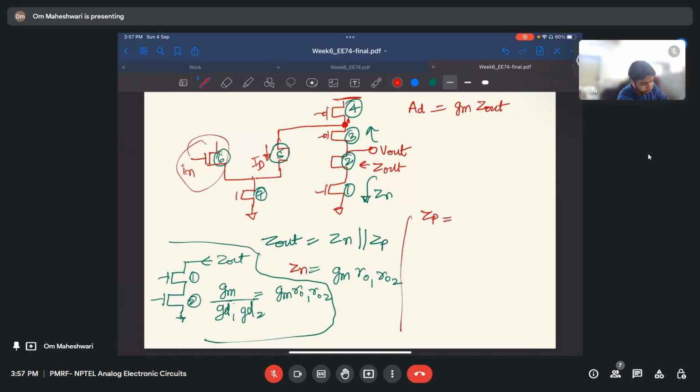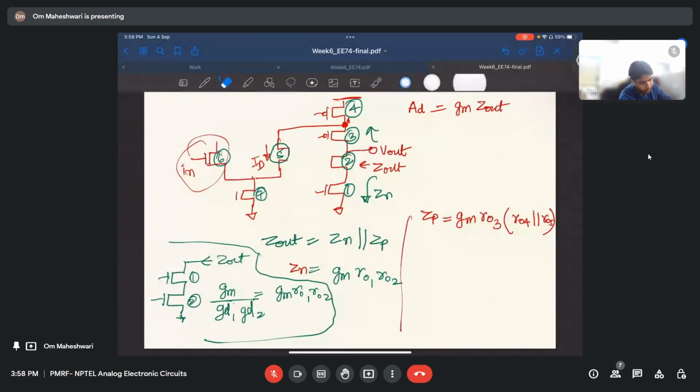What is Zp? Zp will be Gm Ro3 parallel with Ro4 parallel Ro5. Since here, what do we have? We have a branch here.